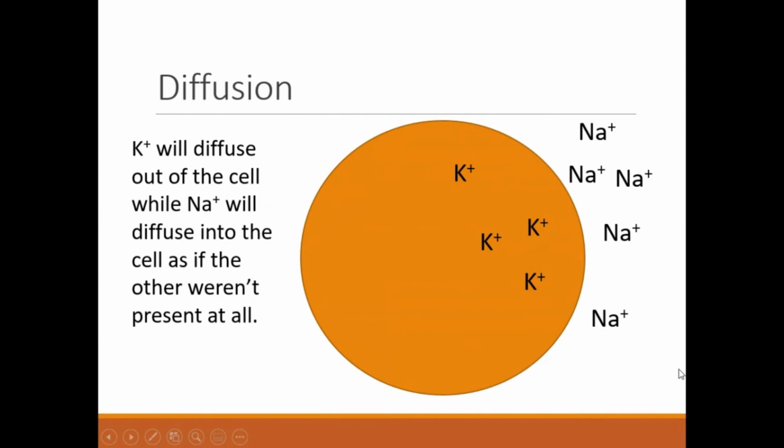So here, we've got 4 potassium ions inside the cell. We've got 4 sodium ions outside the cell. 4 inside, 4 outside. But because they're different, this is not an equilibrium. Sodium will diffuse in as if the potassiums weren't there. Potassium will diffuse out as if the sodiums weren't there. Independent movement based on their individual concentration gradients.